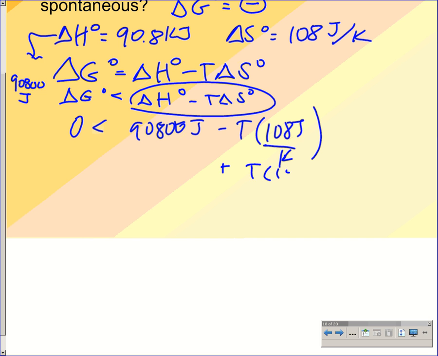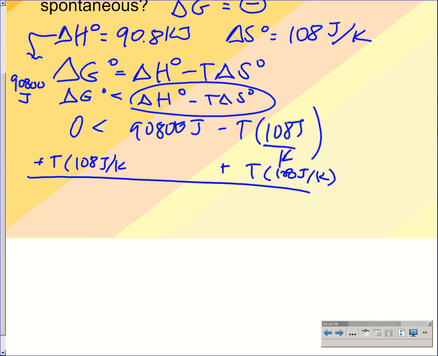T times 108 joules per Kelvin is equal to 90,800 joules.